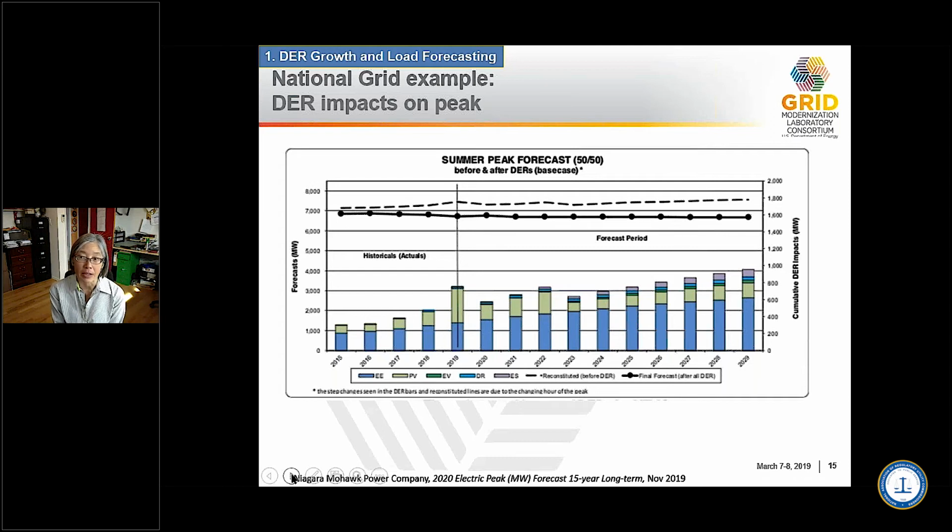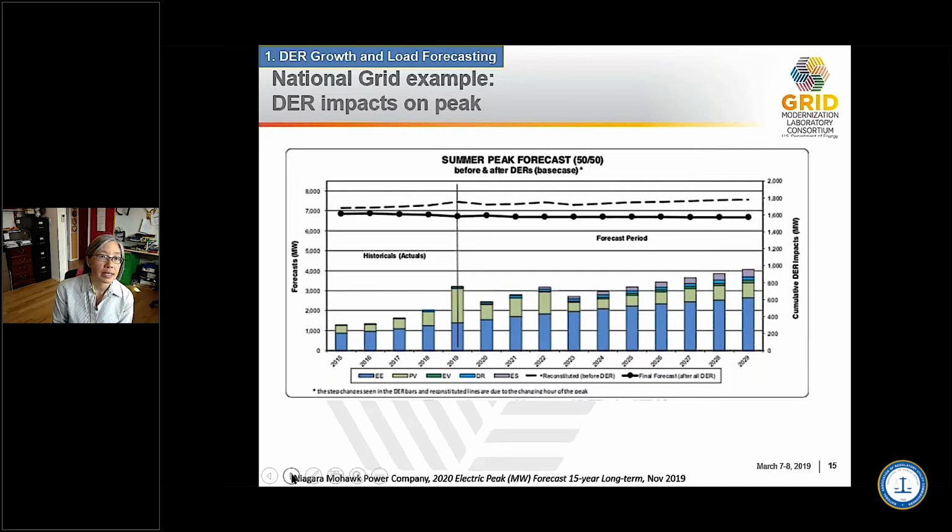When you do account for DERs, the net load growth is that heavy, solid line with circles. It's basically flat, maybe slightly declining. And you can see that when you get out to the end of this 2029, the DERs are decreasing peak load by almost a gigawatt.